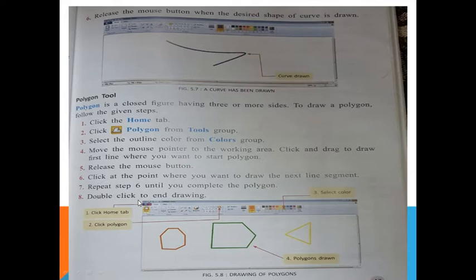Drawing is so interesting, drawing is so good in the computer, we use drawing for making beautiful designs. Okay, so see here, whichever shape you want you can draw and release the mouse. Polygon, drawing a triangle.